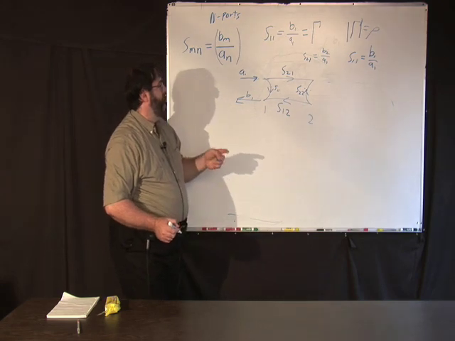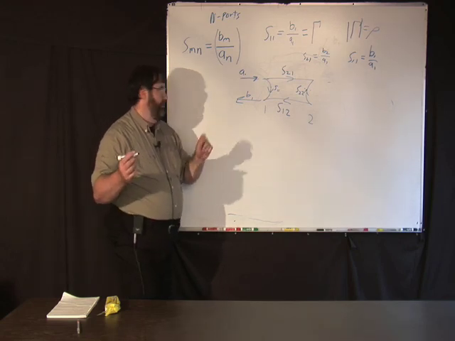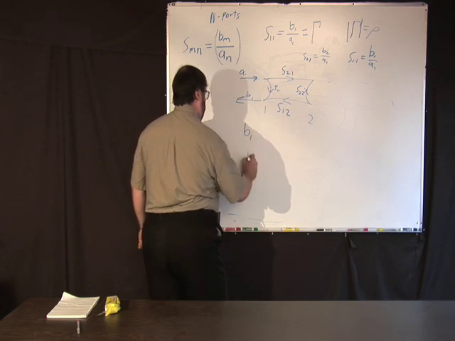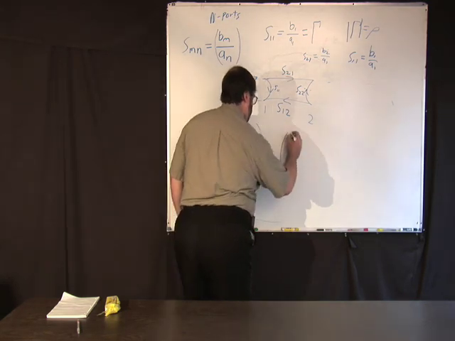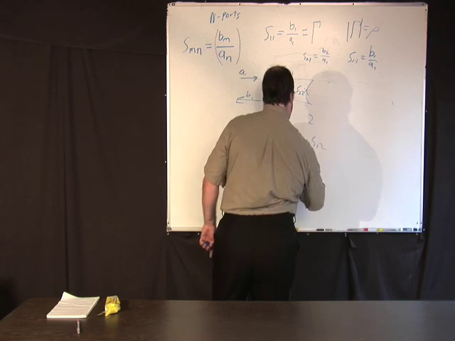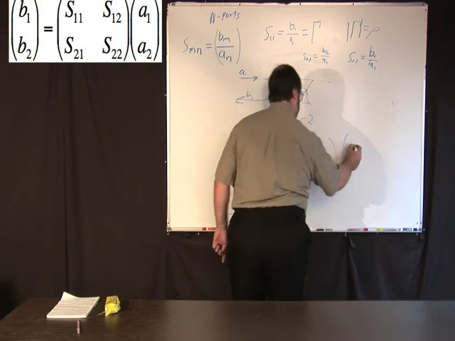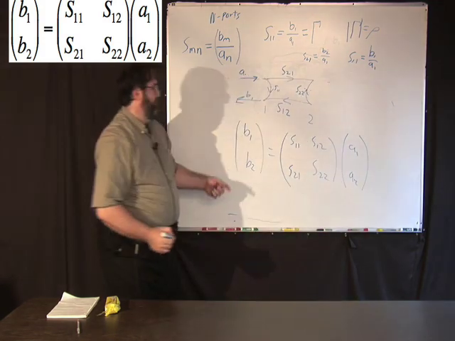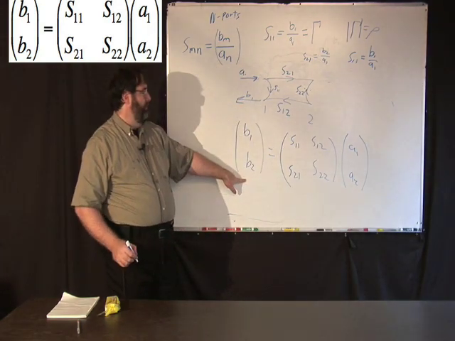Now, what can you do with this? Well, before I get too much farther, let's write this in a different way. One can write this in matrix form, if anybody's interested in matrix algebra. The S matrix is basically something that relates an input vector to an output vector.